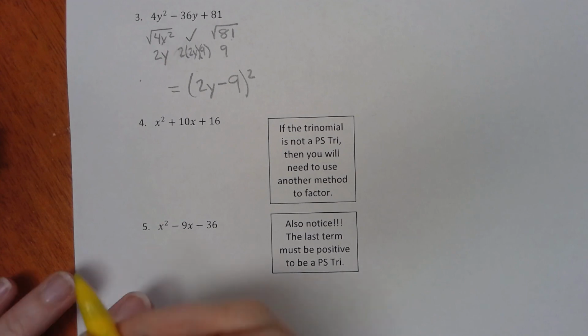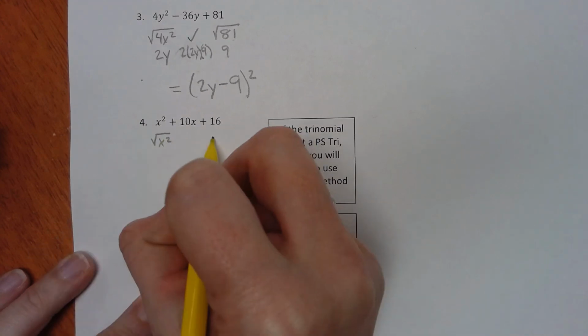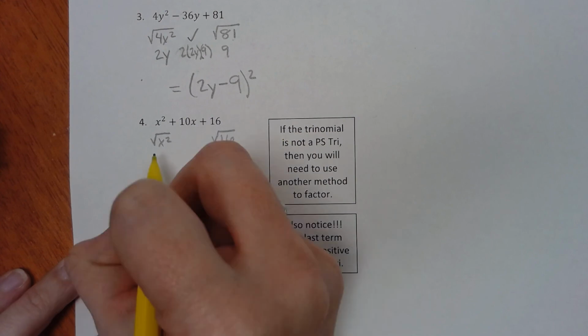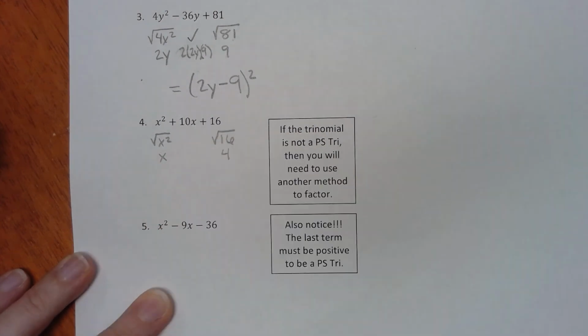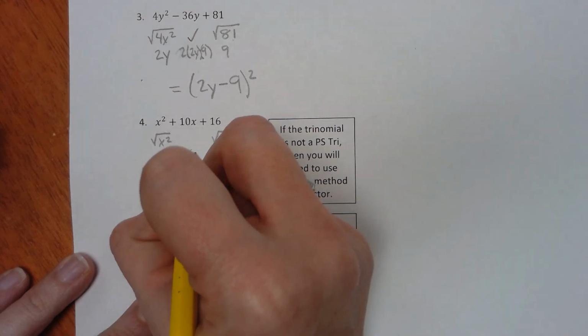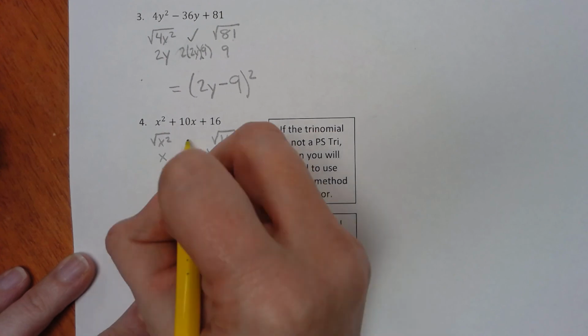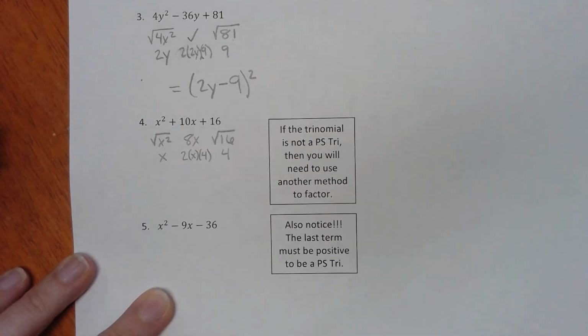But right now, let's look at this one. If I take the square root of x squared and the square root of 16, I get x and 4 for my a and b term. But when I check 2 times x times 4, well, 2 times x times 4 gives me an 8x.